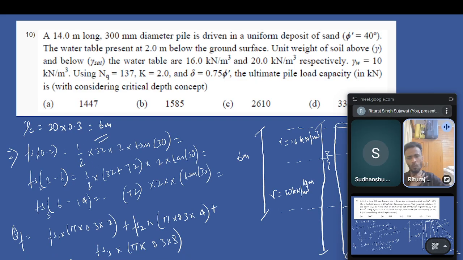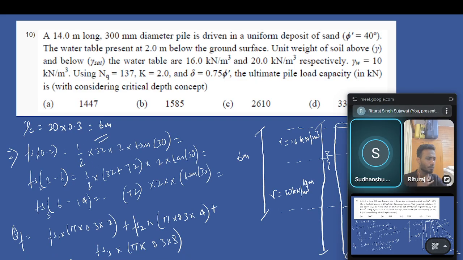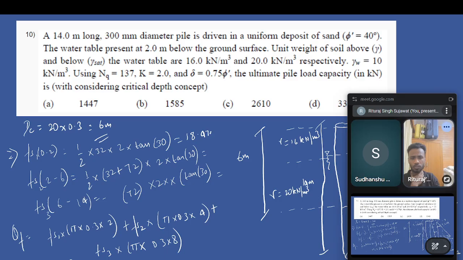So how much is this value? 0.5 into 32 into 2 into 10 30. 18.475, right?